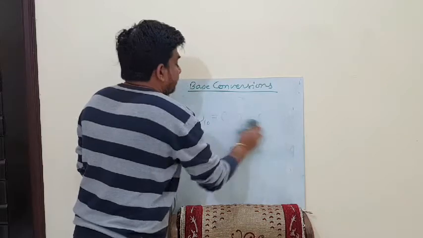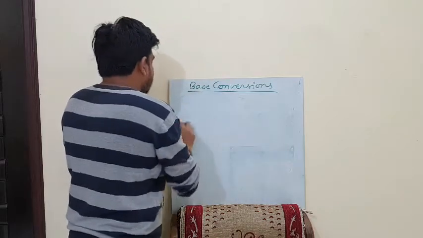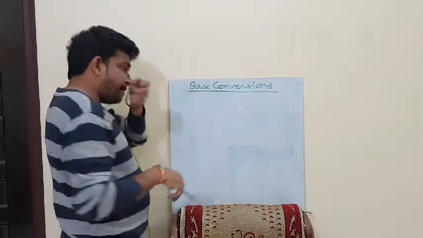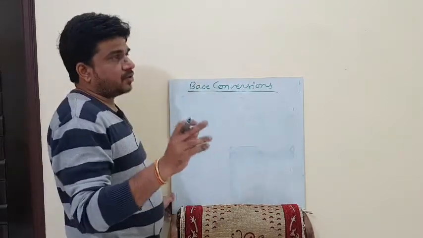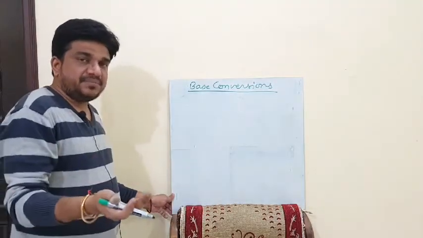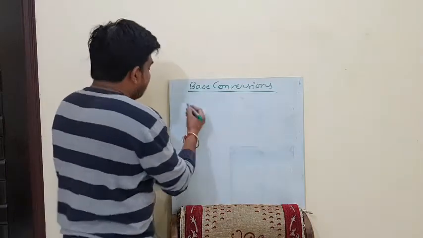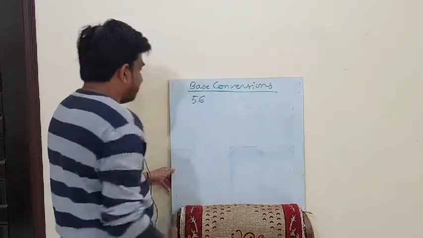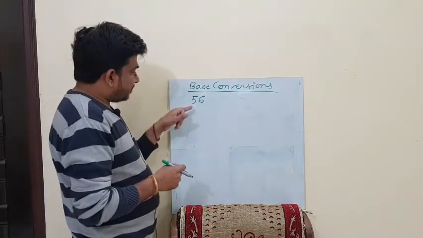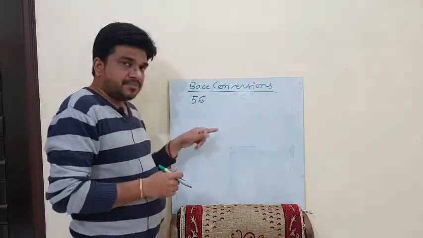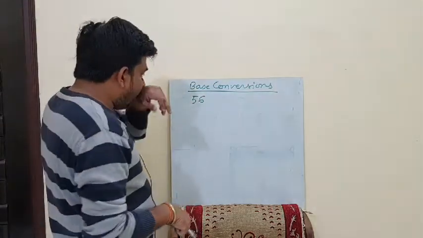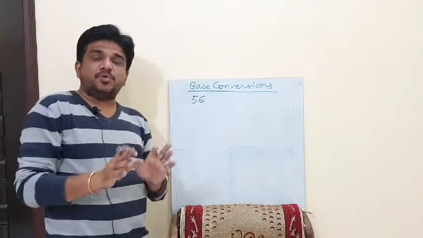So we will start from one number system which is very familiar to us, and that is decimal. And we are taking one common number so that we can create all the other bases for the same number. For example, let's take 56. One thing I want to tell you: you cannot understand this term specifically when you are studying number systems if there are no brackets and no bases there.